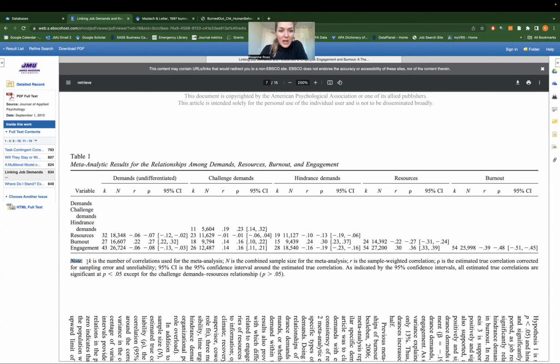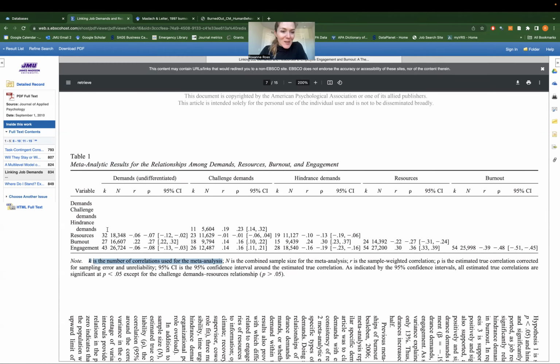The note at the bottom of the table will help you understand the numbers a little bit more. K is the number of correlations used for the meta-analysis. That means K is the number of studies that got aggregated to give you this overarching, aggregate correlation.